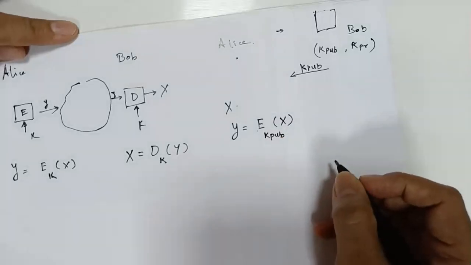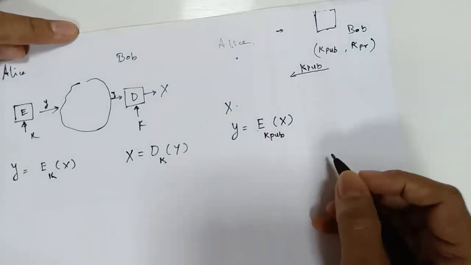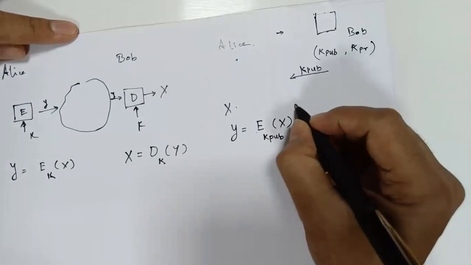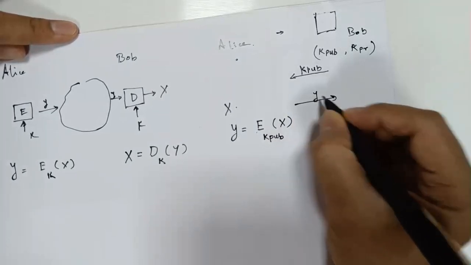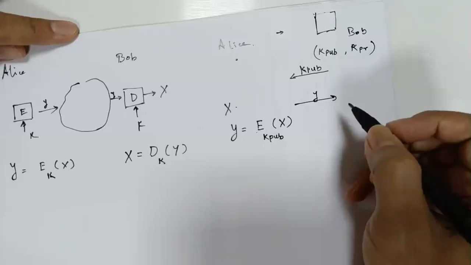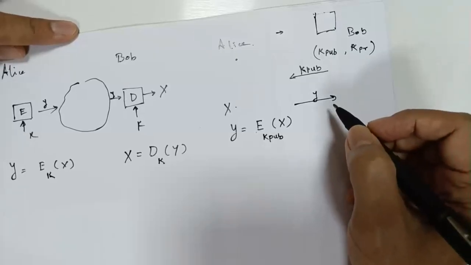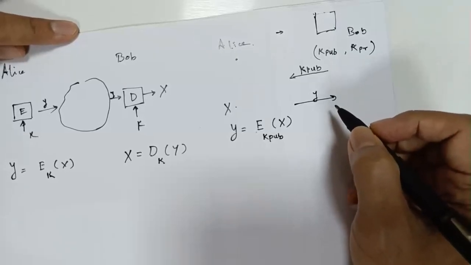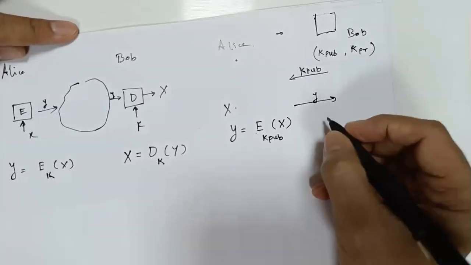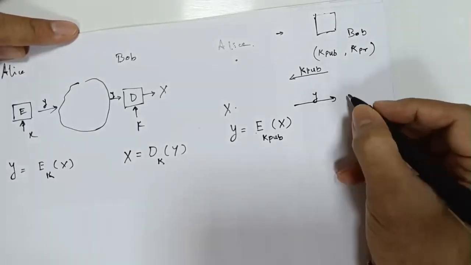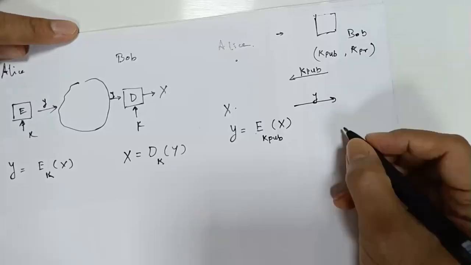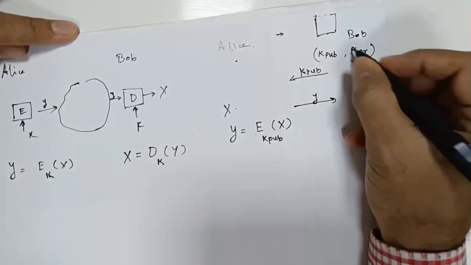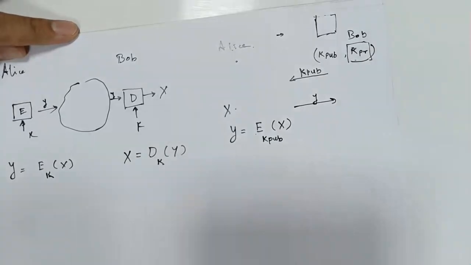The encryption will happen, and now this Y will be sent over to Bob. When Y reaches Bob, only Bob can decrypt that data with his private key.